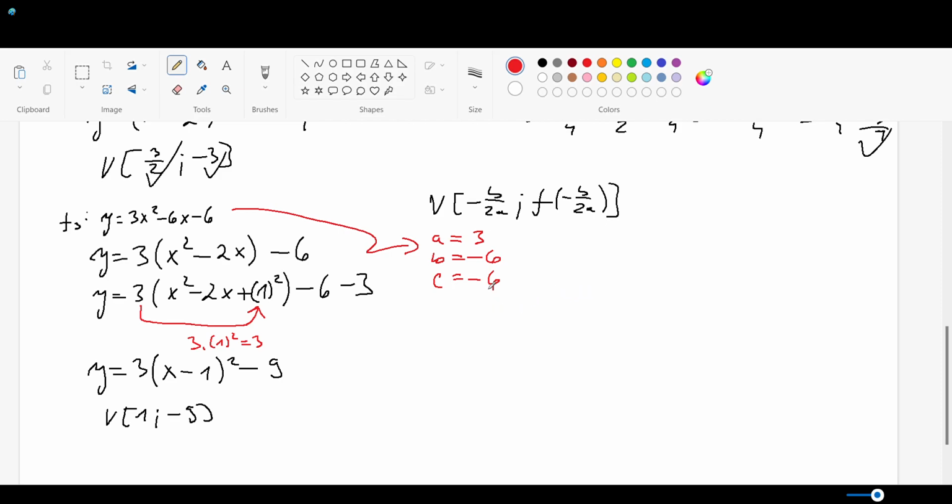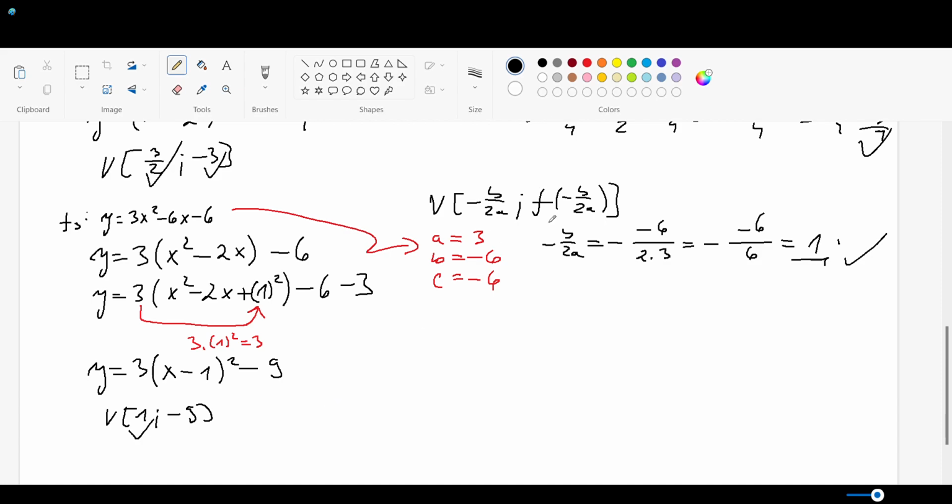So it's going to be negative 6, and now you just calculate negative b. Let me use the black pen. Negative b over 2a is equal to negative b, which is negative 6, over 2 times 3, which is negative of negative 6 over 6. And as you can see, this is going to be 1, which is really the x coordinate of the vertex.